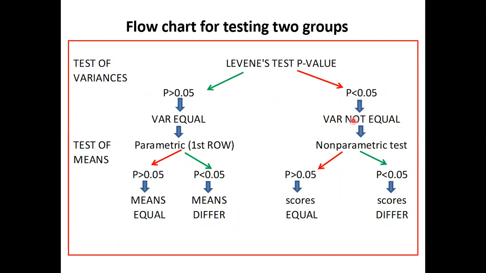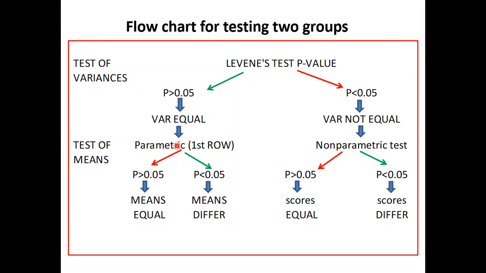Then the variances are not equal. If variances are equal, we do a parametric test. If variances are not equal, we do a non-parametric test.